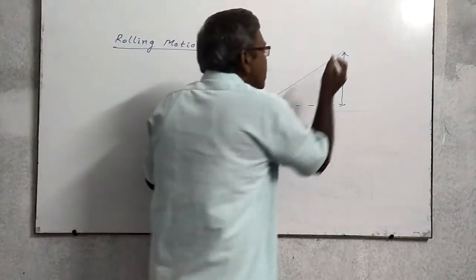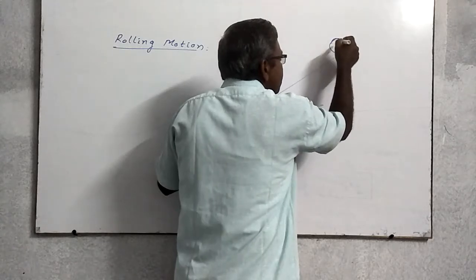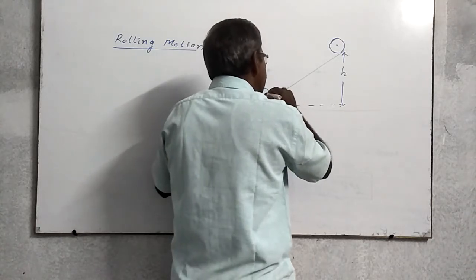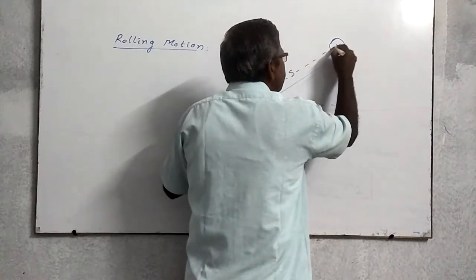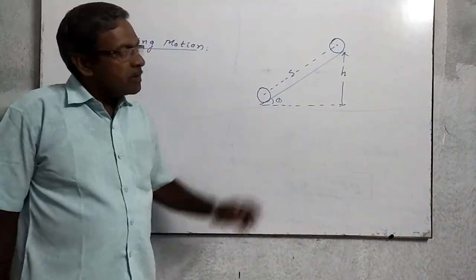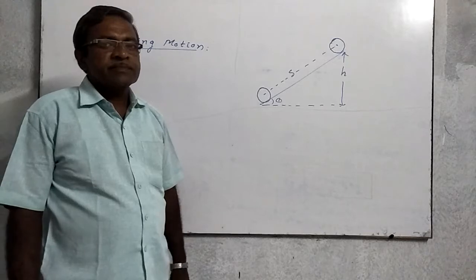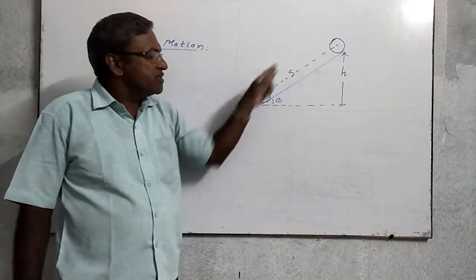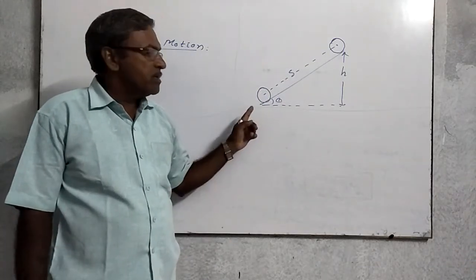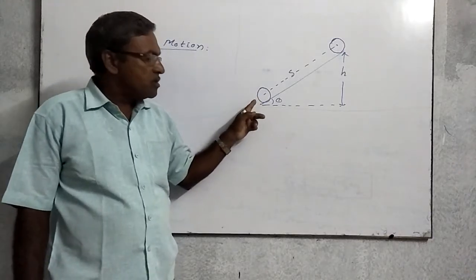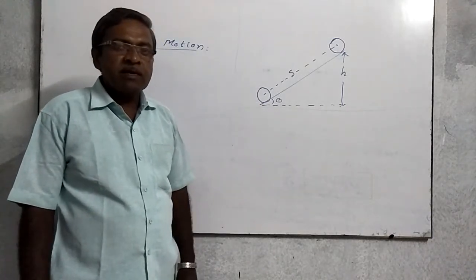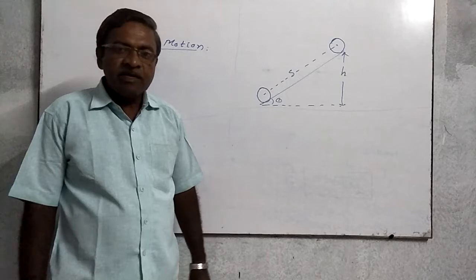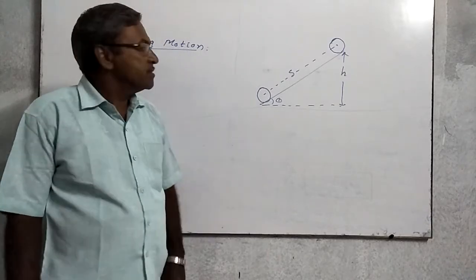Now, when this body is released, it gets rolled down and comes to this position through a distance s. At the top position, it has potential energy totally, that gets converted into kinetic energy, and at the lowermost position, it has purely kinetic energy. So total potential energy gets converted into kinetic energy.